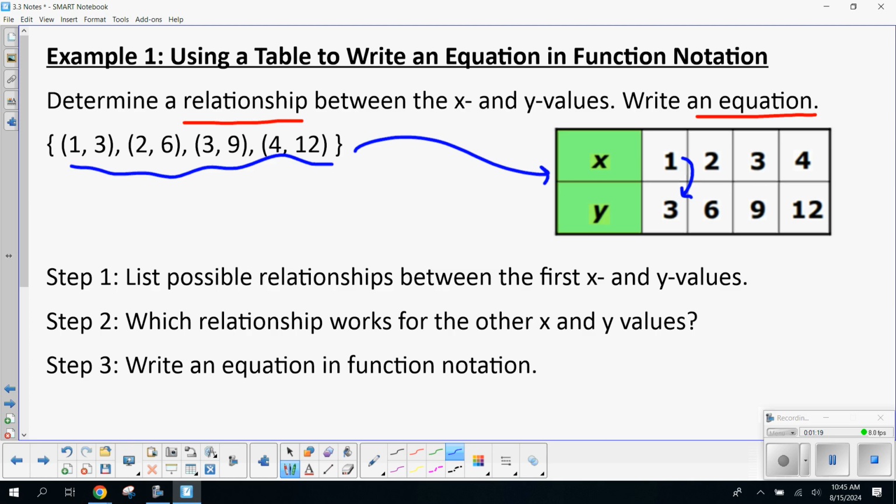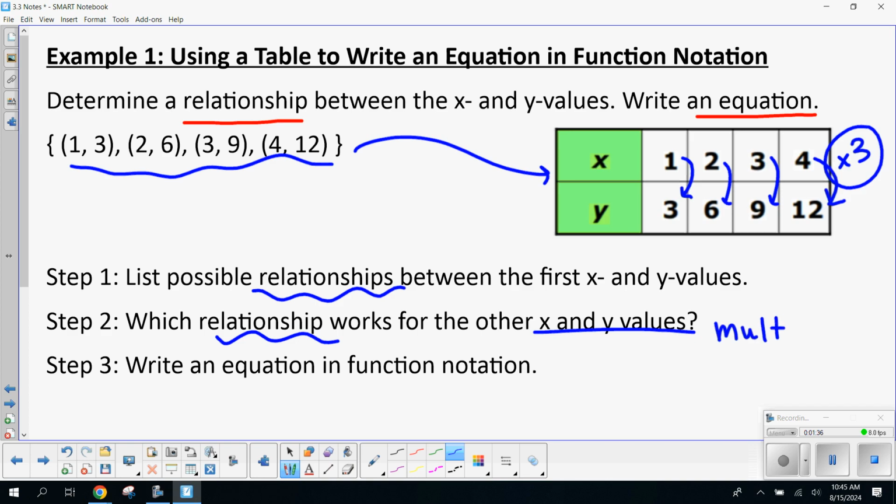But we have to identify the pattern that's happening every time. So if we notice here, every time we are multiplying by 3. So this is our pattern or our relationship because it works for all the values, okay? We're multiplying by 3.